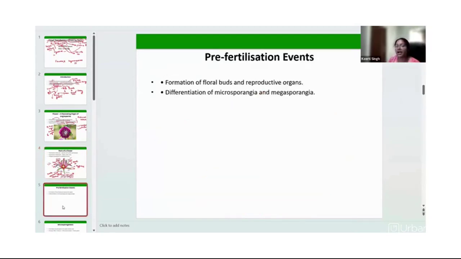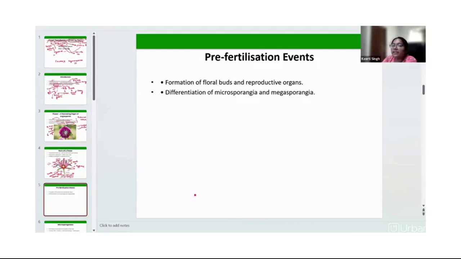So in case of flowering plants, there are a few events which are known as pre-fertilization events. Some of the events will take place during fertilization. Some of the changes the plant will undergo during fertilization, and some of the changes will take place after fertilization. Okay.